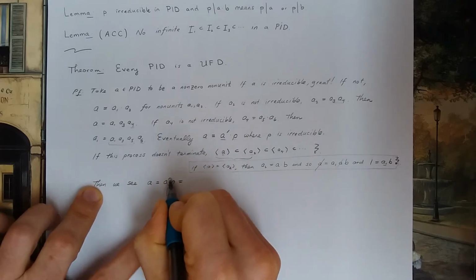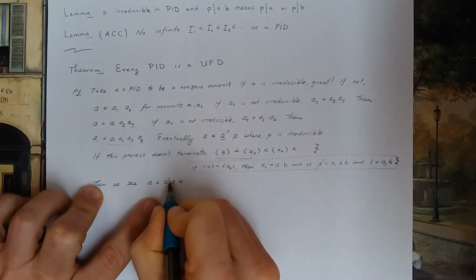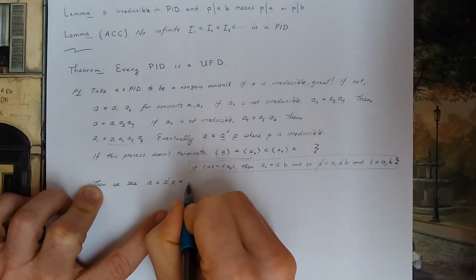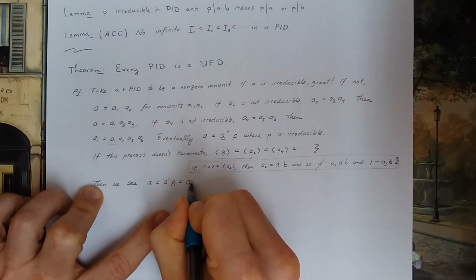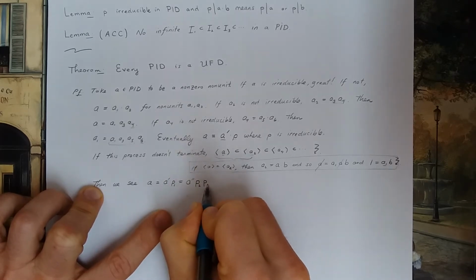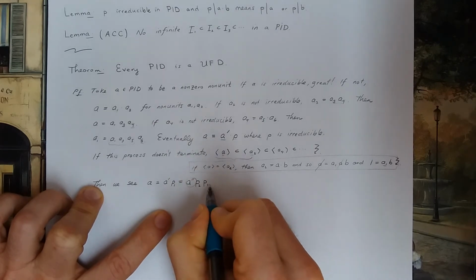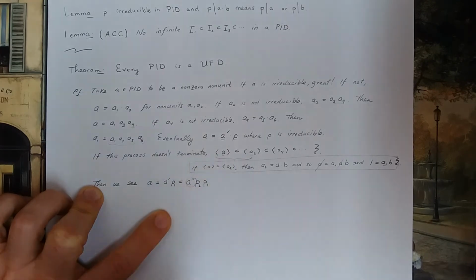Let me call that P1. We could break up A prime into A double prime times an irreducible P2 times P1, and we can keep breaking this up until we get a product of irreducibles.